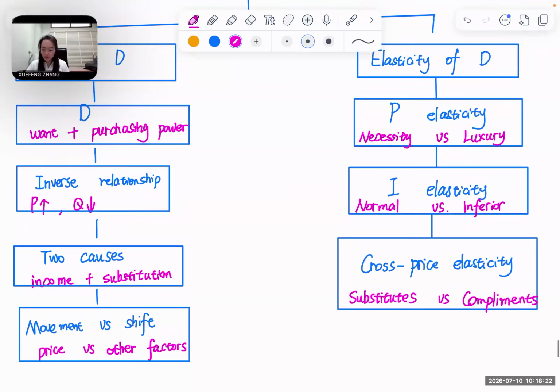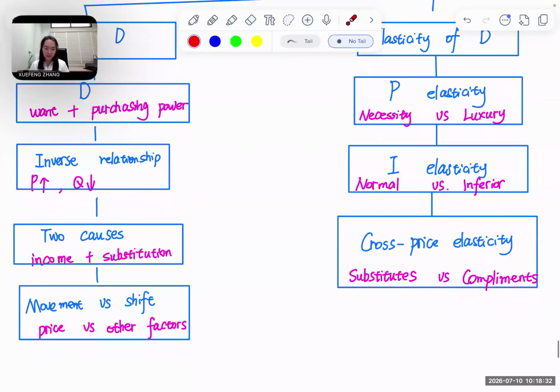Okay, so please review, okay, about the epsilon for each elasticity: price elasticity, income elasticity, or cross price elasticity.